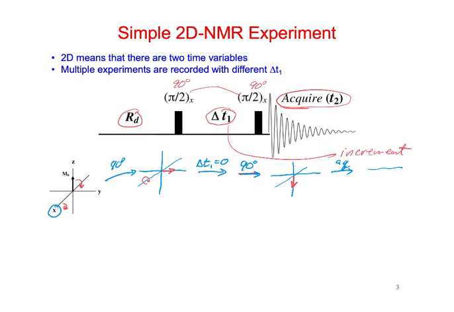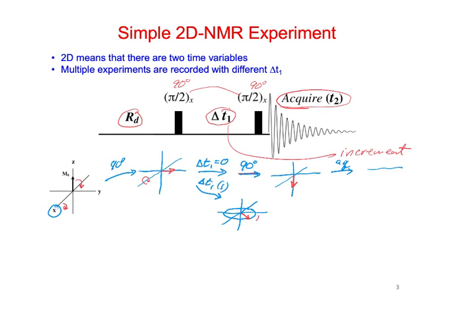All right, so we are going to try this again. We're going to say delta T1 equals 1, something that's non-zero. That is going to allow this signal to precess a little bit, say, over to here.